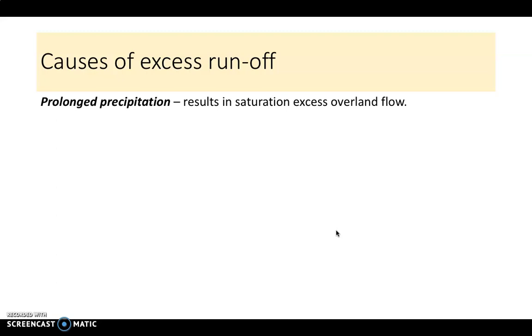This means that the ground is so full of water that it can't hold any more. And when you get more rainfall week after week after week, what will happen eventually is that water cannot infiltrate into the ground anymore. It's too full, it's saturated, and therefore that water will flow over the ground and end up in rivers, which could cause them to flood.